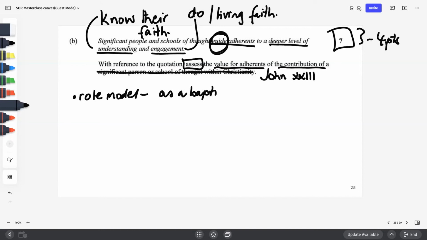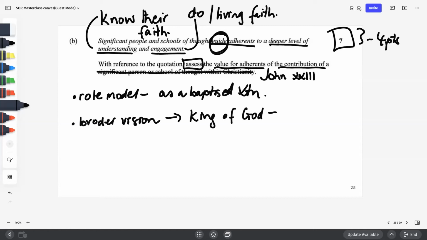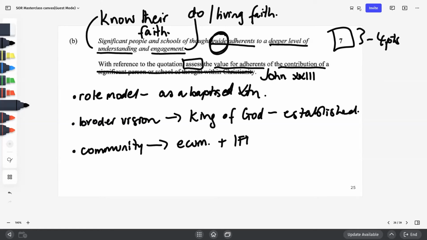How does one live out one's call as a baptised Christian? We talk about John in terms of his broader vision for the kingdom of God and how that is established. And we talk about what John teaches in terms of community, and we give some examples we use there: humanism and interfaith dialogue.